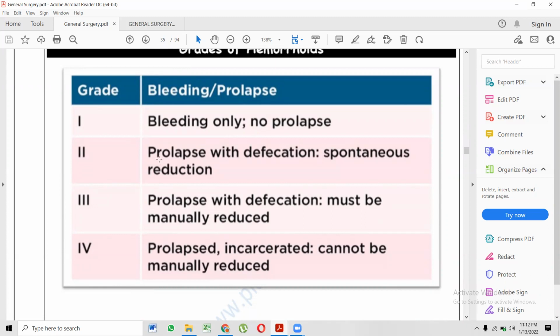I'll repeat it. Bleeding only, grade 1. Prolapse plus spontaneous reduction, grade 2. Prolapse plus manual reduction, grade 3. Prolapse with no reduction, grade 4.